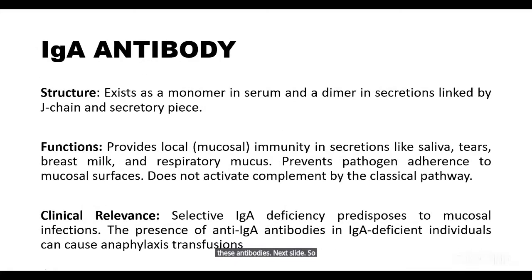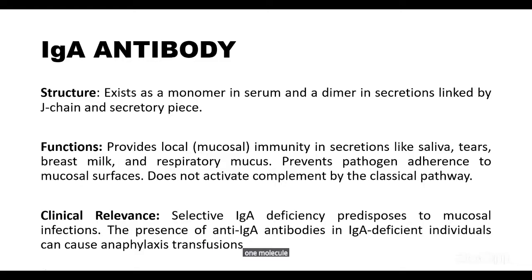So the next one is IgA, which is also an important antibody. This one is a monomer in serum and a dimer in secretion. That is, it comes in two forms. If it is found in serum, it comes as one molecule.